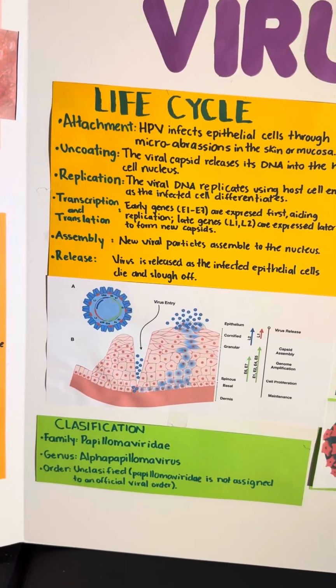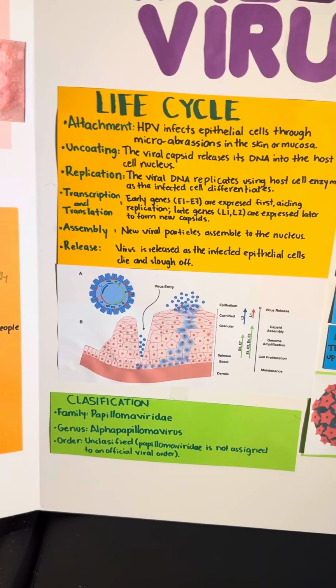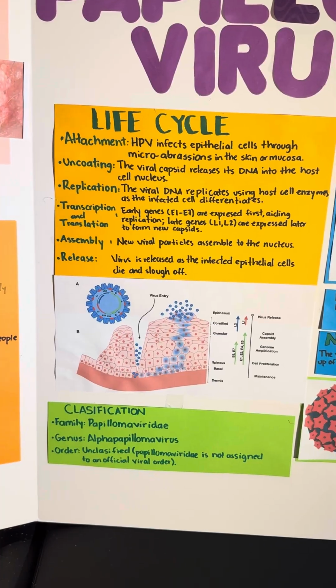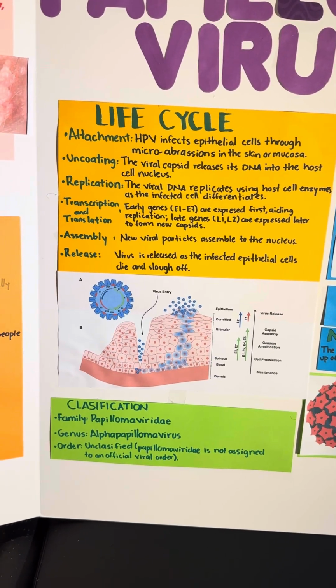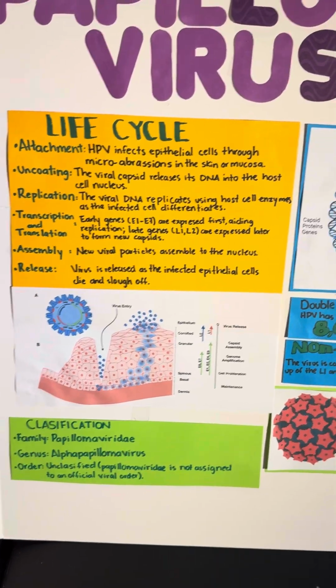Then we have the assembly phase, where new viral particles assemble in the nucleus, and finally, the release. The virus is released as the infected epithelial cells die and slough off.